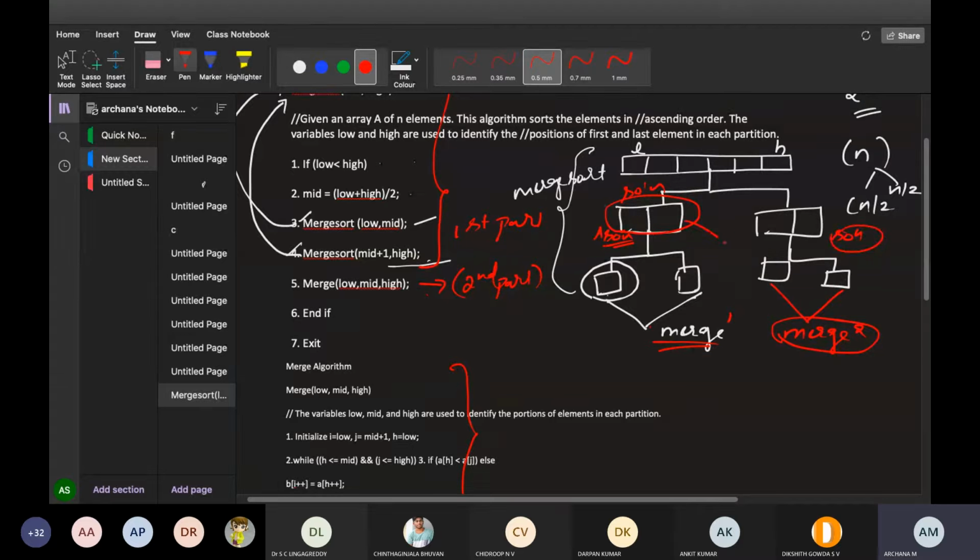Finally, you have to merge these two. This is merge 3. Like this, the calls will be made. Finally, the solution I get will be the main solution of this array. This is how the merge sort algorithm works.